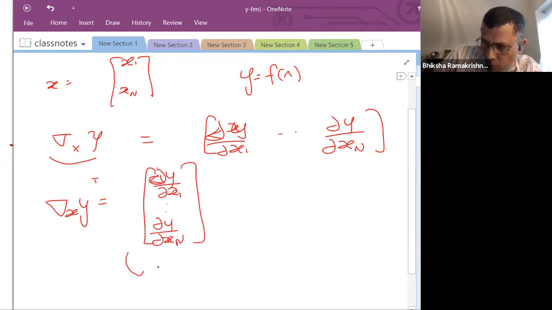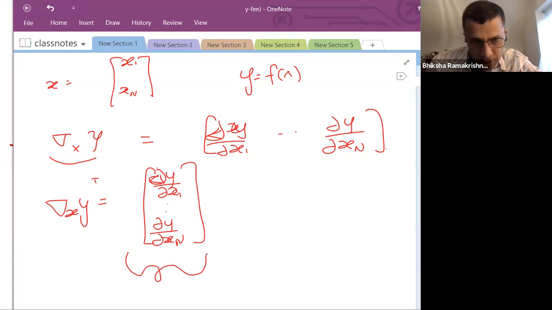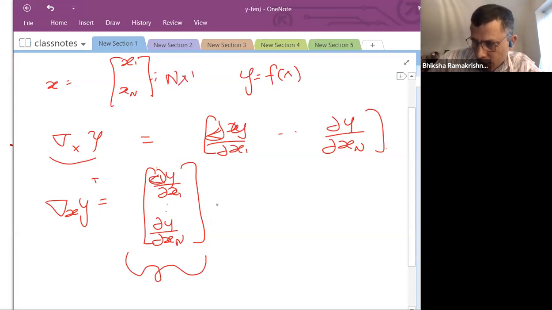Does anybody know what this actually means physically in terms of the function? This is also a vector, right? This is in n cross 1. So this is also in n cross 1. What is this one?